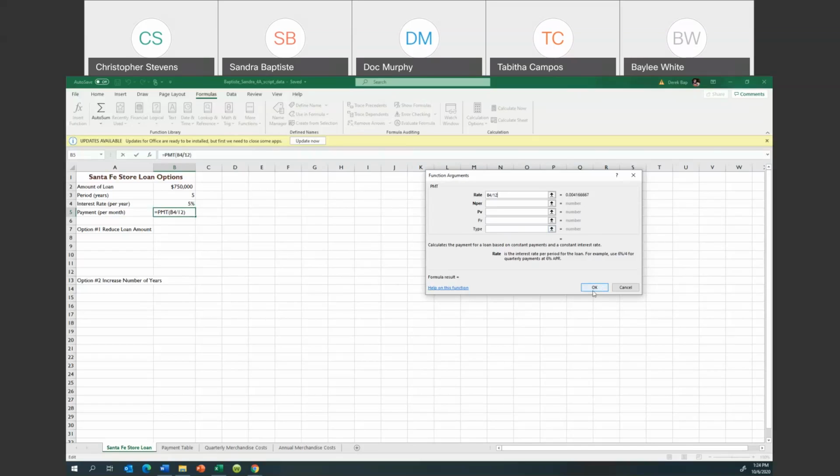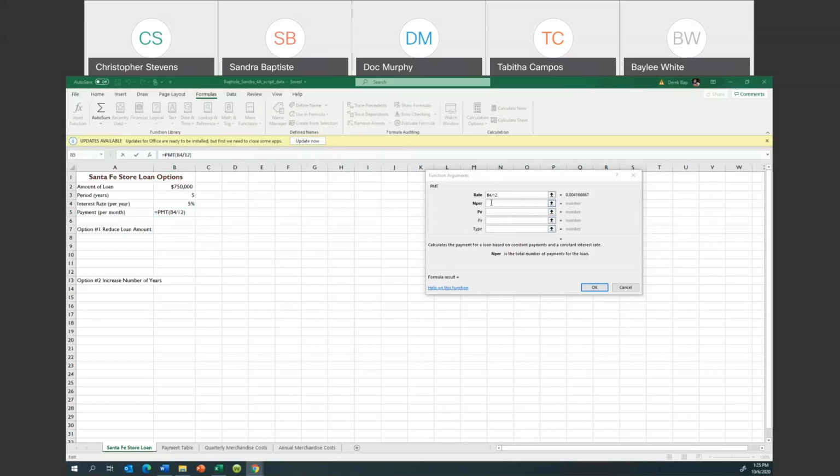All right, so let's go to NPER. Go to the next one, NPER. Okay. So NPER is the total number of payments for the loan. So we said that we're going to do this for a period of 5 years. Again, there are 12 months in a year, right?